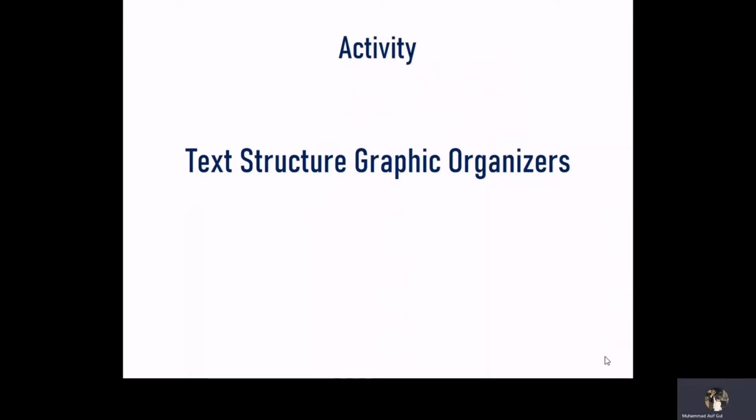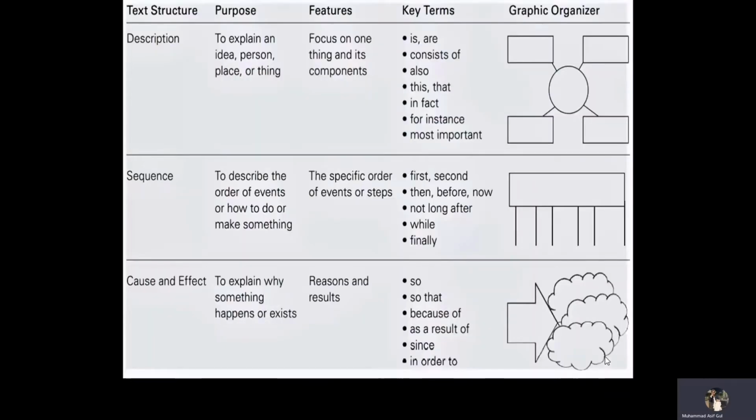As we know already, we have different types of text structures and different types of graphic organizers to learn them. As you can see, we describe things, we describe the sequence of things, we describe cause and effect.